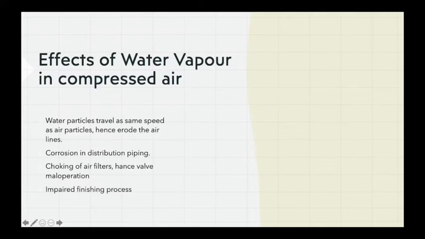Third thing is that these moisture droplets, when made to pass through any filter which is installed in the equipment air line, choke the filter, thus affecting the proper movement of air into the equipment valve for operation, hence causing mal-operation of certain pneumatic valves depending upon the choking of a filter.